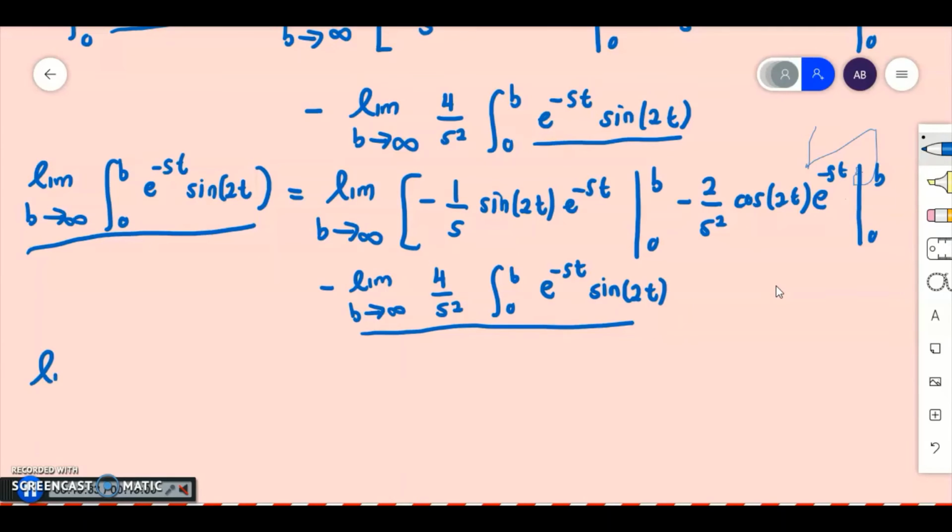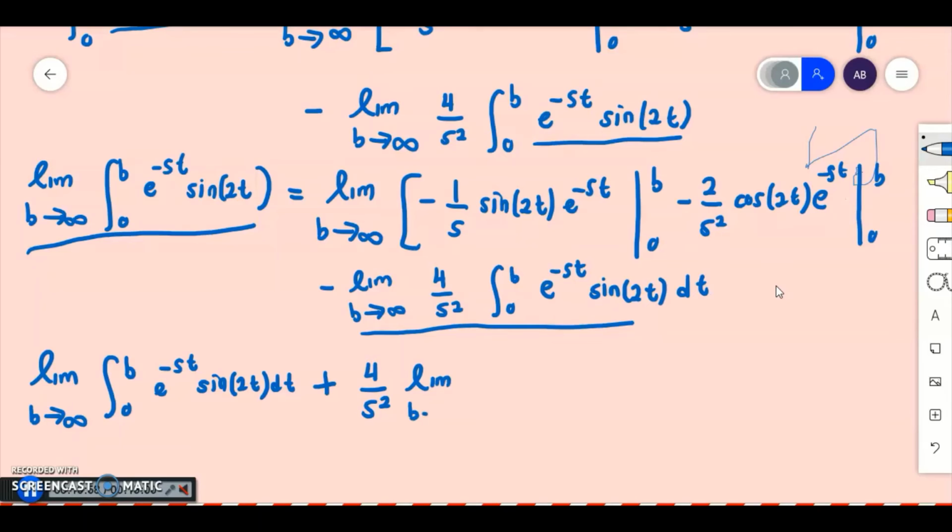That gives me limit b approaches infinity, integral from 0 to b of e to the negative st sine 2t dt. Okay, I always forget to write dt. This negative, bring it there, will be plus 4 over s squared, limit b approaches infinity, this part here now, the integral from 0 to b of e to the negative st sine 2t dt.